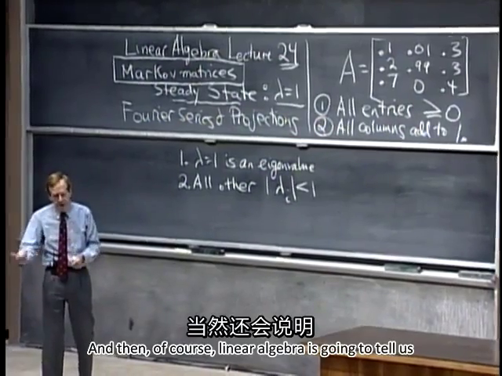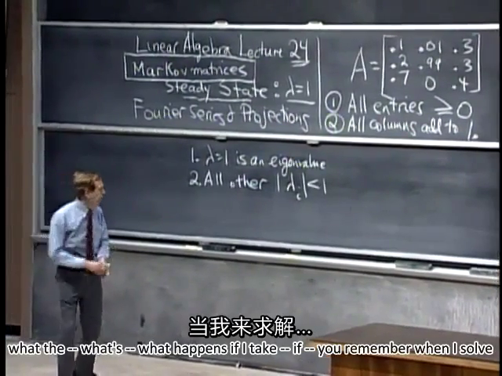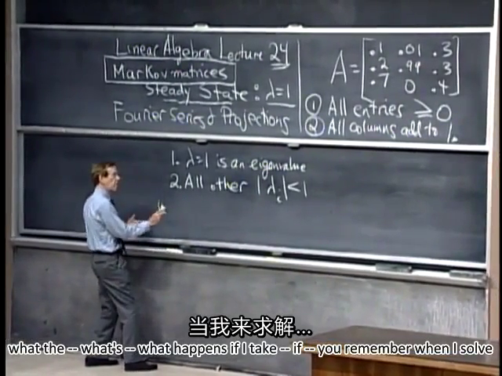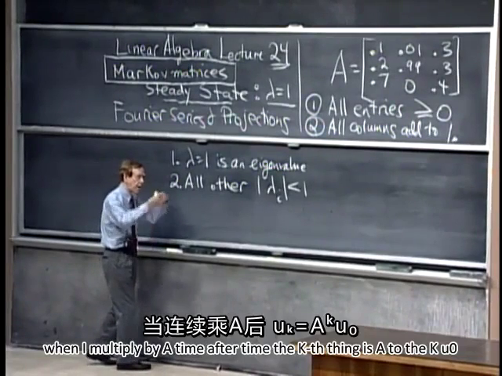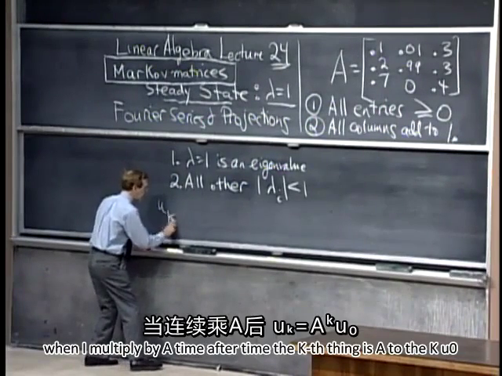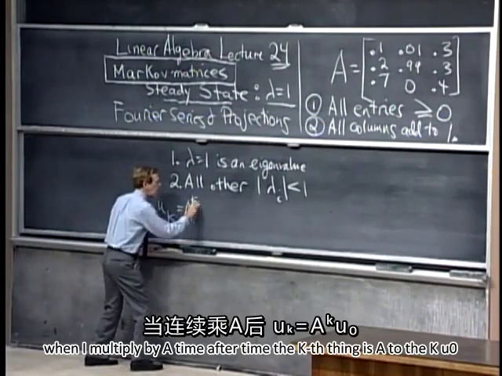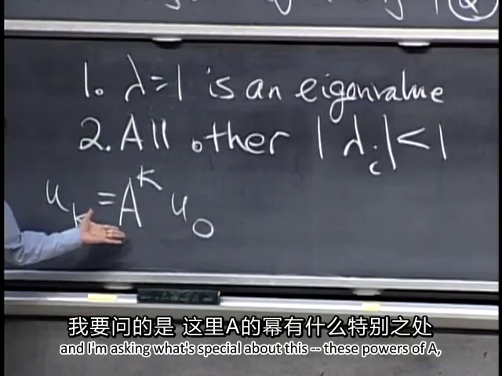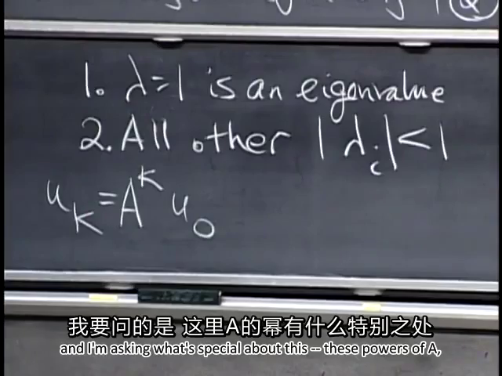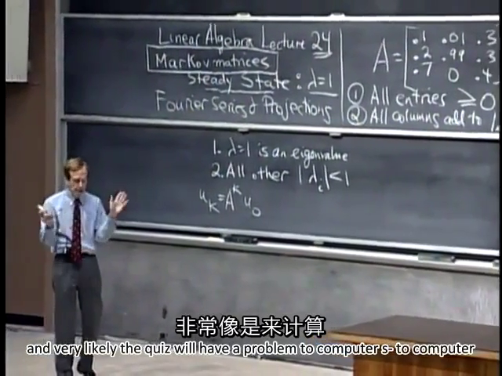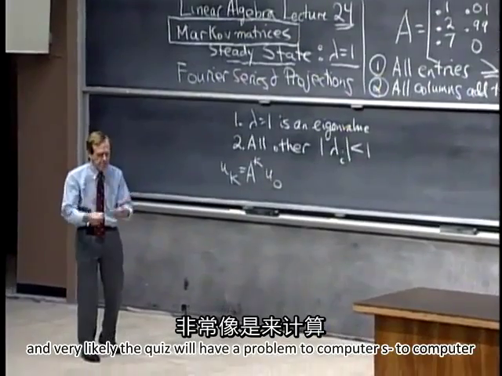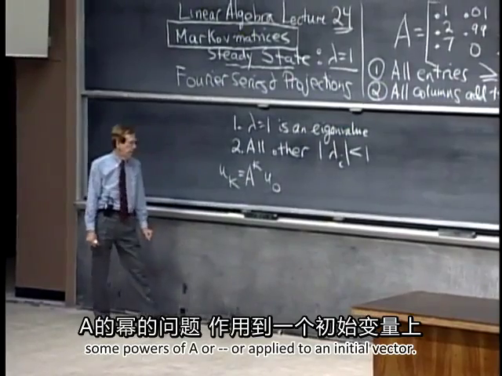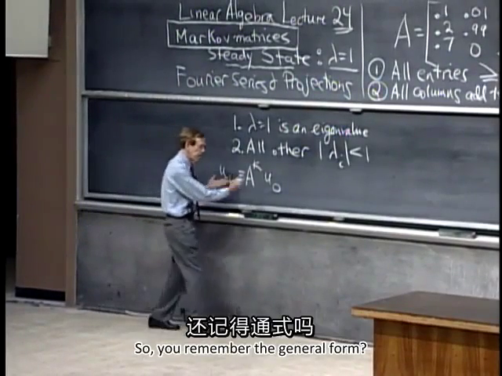And then, of course, linear algebra is going to tell us what happens. If you remember, when I multiply by A time after time, the kth thing is A to the k u naught. And I'm asking what's special about these powers of A. And very likely the quiz will have a problem to compute some powers of A applied to an initial vector. So you remember the general form?